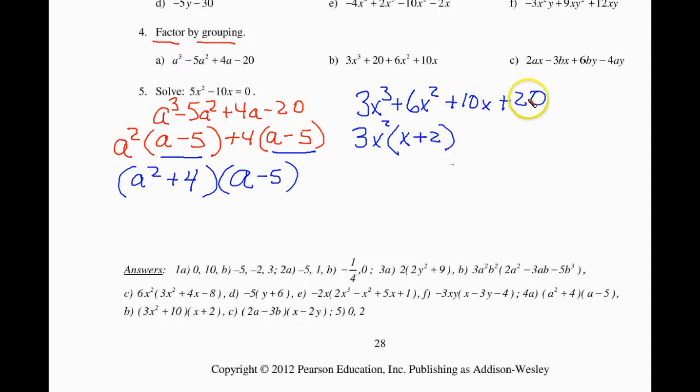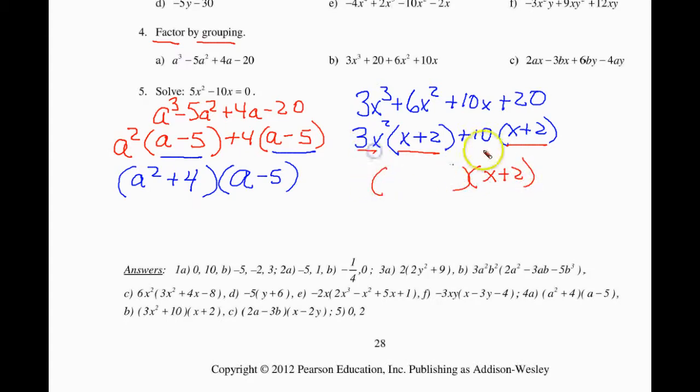Now, what can I take out of this? I can take out a plus 10 and get x plus 2. So now I have 2 terms. My common factor is this, that I'll put here, x plus 2.